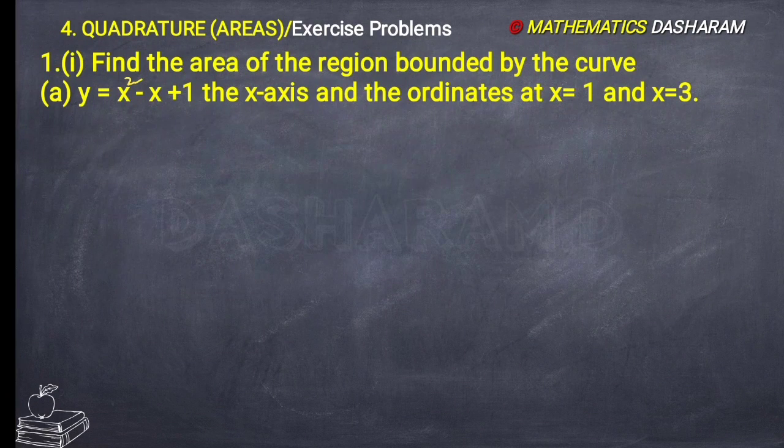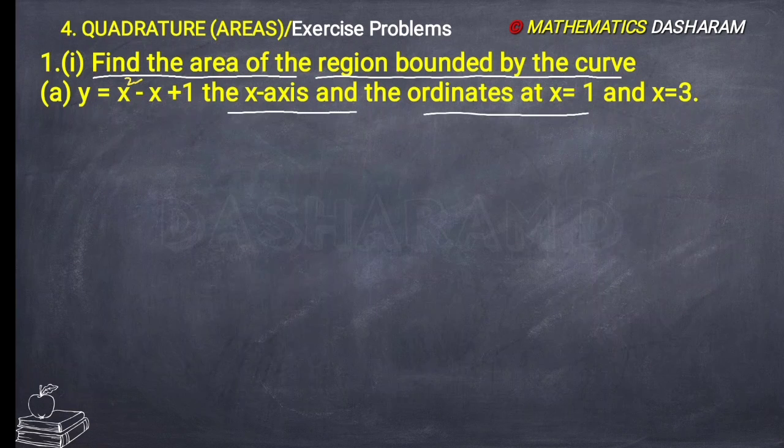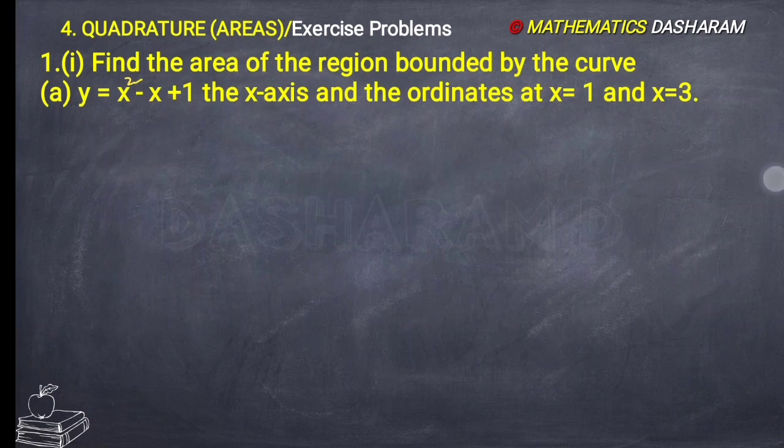First problem, question number A. Here, find the area of the region bounded by the curve. The curve is y equals x square minus x plus 1, and the x-axis and the ordinates at x equals 1 and x equals 3. Let's draw a rough diagram for this question.